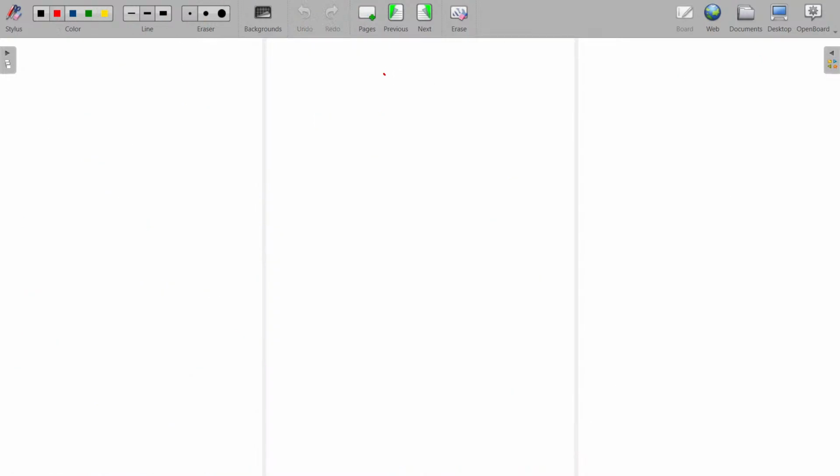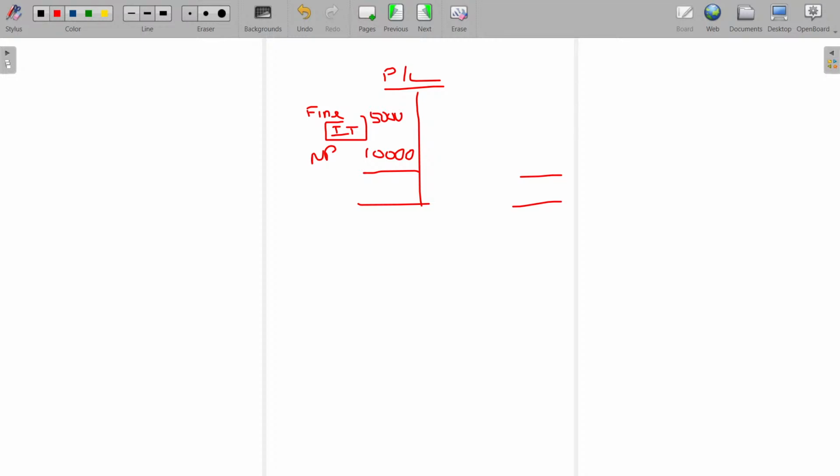For example, in your P&L account, your net profit is 10,000. This 10,000 is after a fine and penalty of 5,000 paid due to violation of the IT Act. Income tax disqualifies this.